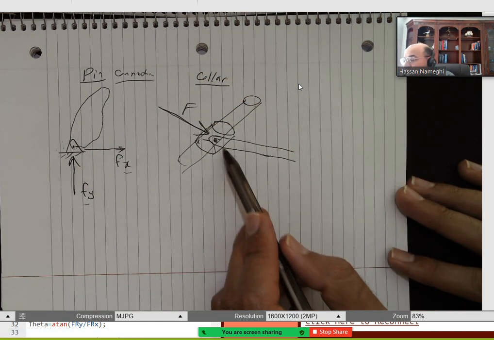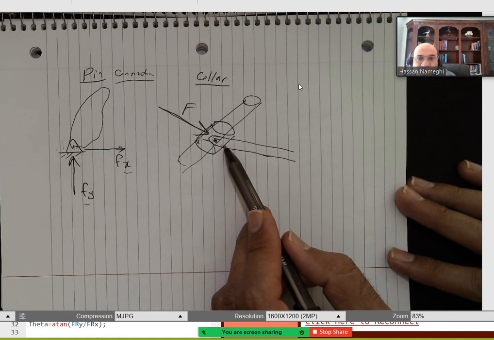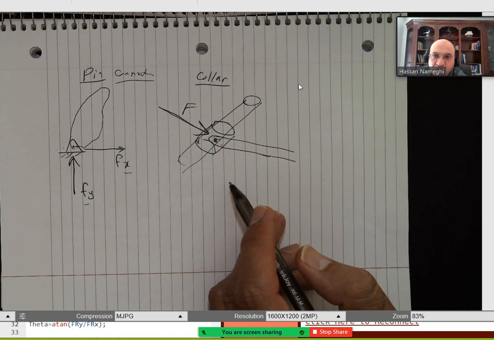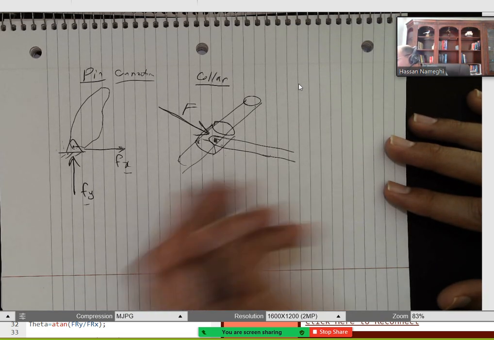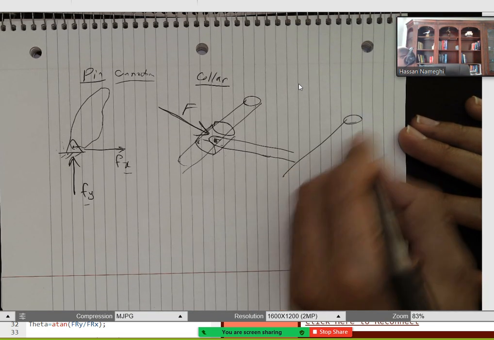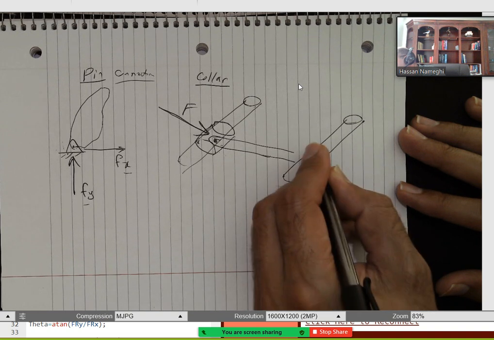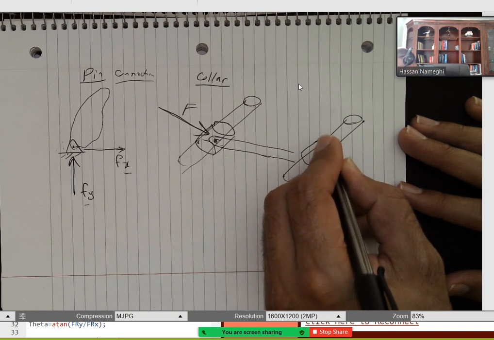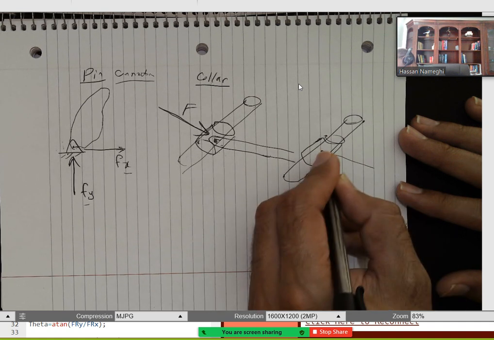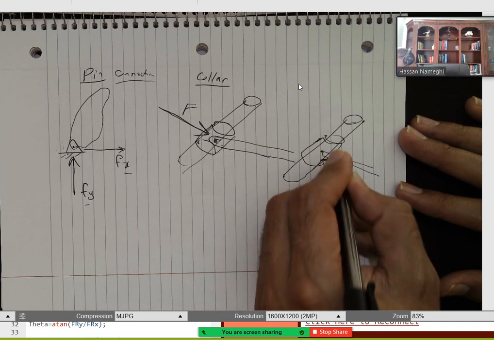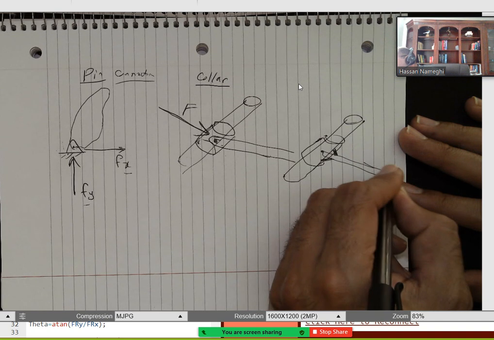The collar, the handle can be fixed. If the handle is fixed, you're going to have a reaction moment because you cannot rotate the handle, right? So if this is a pin, okay, but if I draw the same structure and I have a collar here, but this time this thing is welded here, so you cannot rotate the handle.